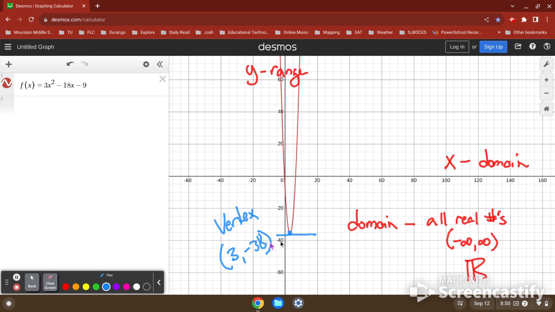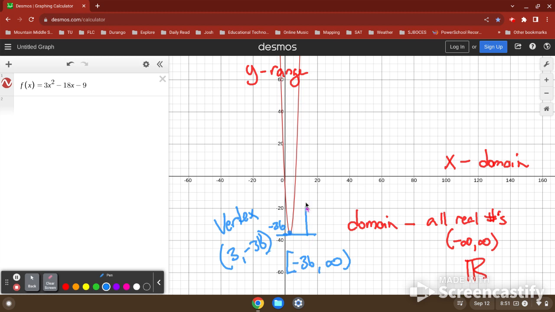That is basically identifying what our range is going to be. At this point, we know our graph doesn't go any lower than that line right there, and that line is negative 36. So our range is going to be tied to that. Our graph can include negative 36, so we're going to put a bracket, because that bracket signifies including negative 36. So it starts at negative 36 and goes to positive infinity.